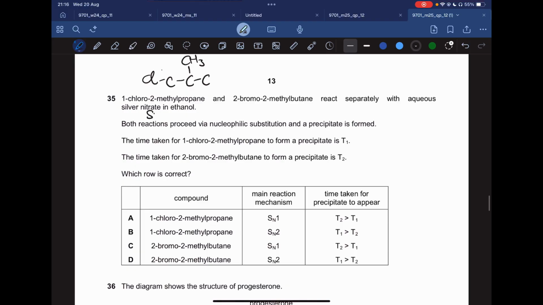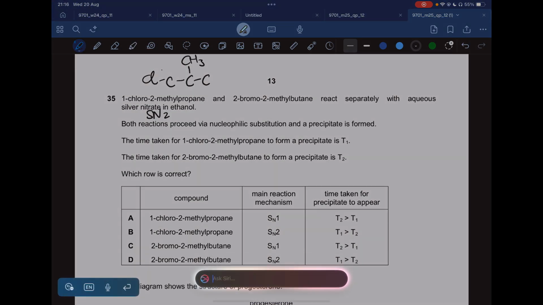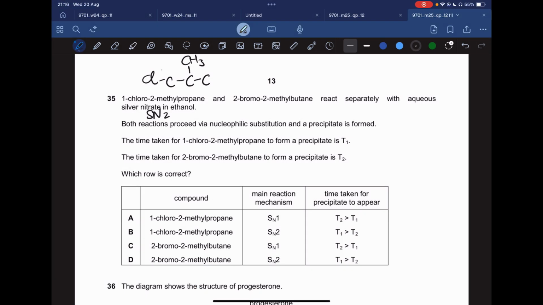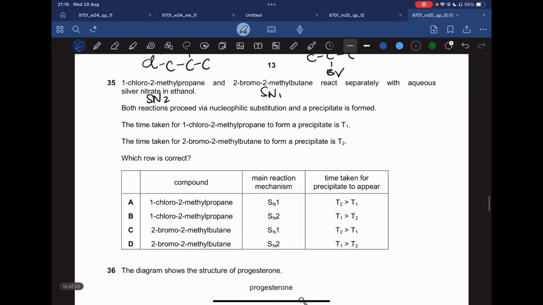So this has to be an SN2. Okay, this is a primary halogenoalkane. This is 2-bromo-2-methylpropane. You can see here it looks like that. So this has to be SN1 because this is a tertiary halogenoalkane. So now the time for chloro and bromo.